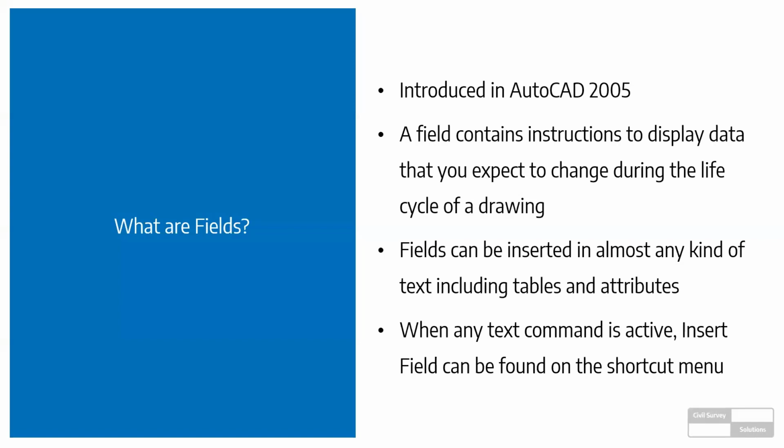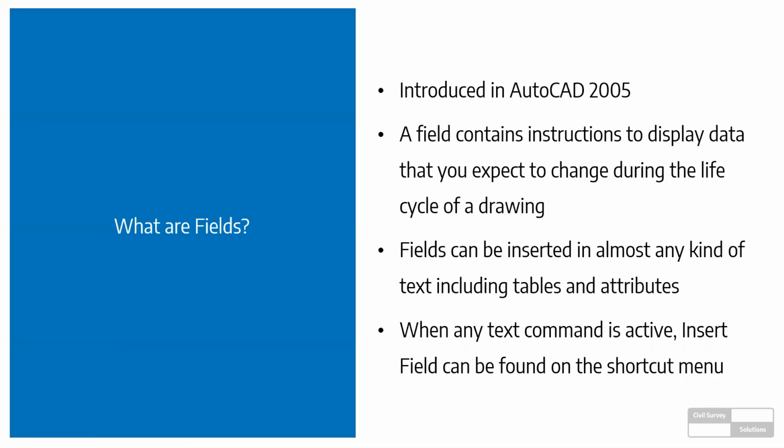So fields can be added to almost any type of text in your drawing, and this includes tables. You can create sums of tables, averages and things like that, and you can also apply fields to attributes, usually with title blocks and things like that. And if you're using the sheet set manager, you'd probably be familiar with fields being used in attributes.